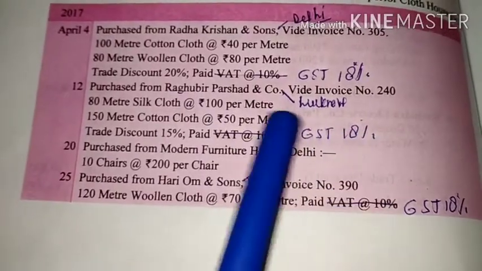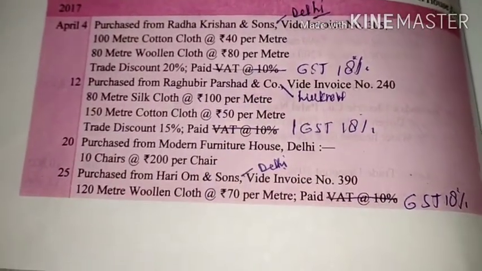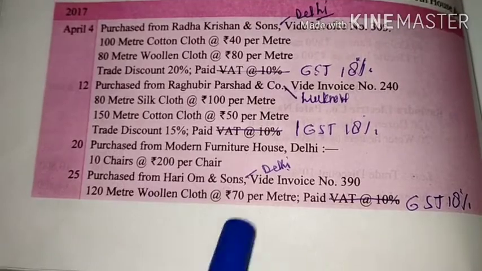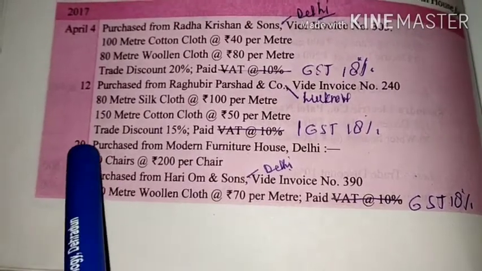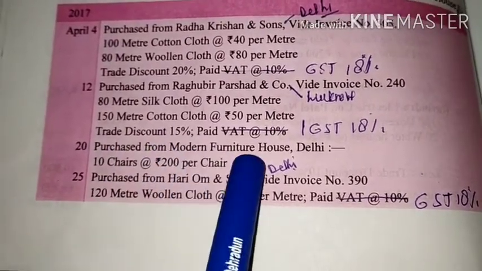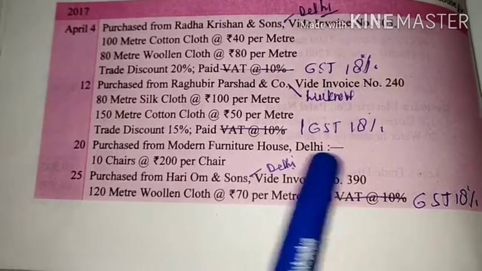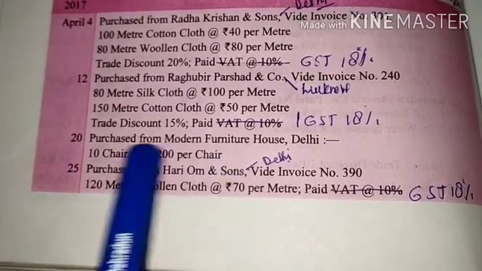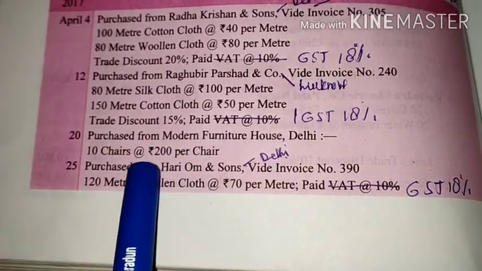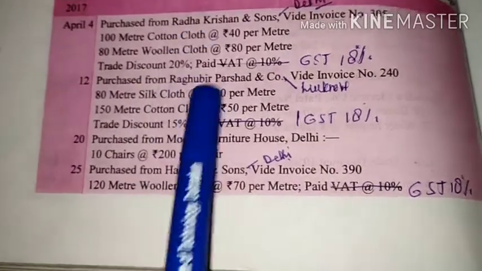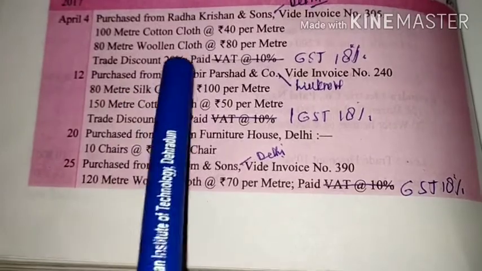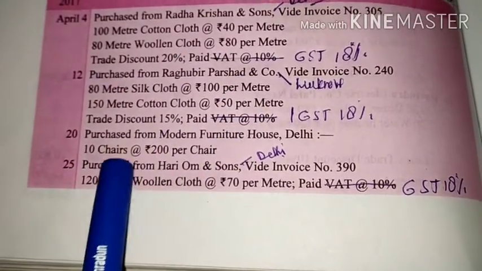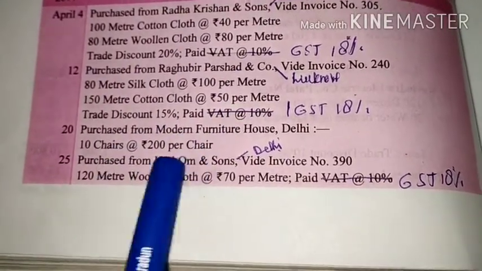Then April 20. Purchased from Modern Furniture House, Delhi, 10 chairs at the rate of 200 per chair. Now you can clearly see that this is a business of woolen cloth, cotton cloth, and here we are buying chairs.